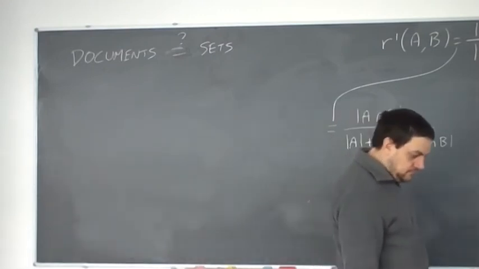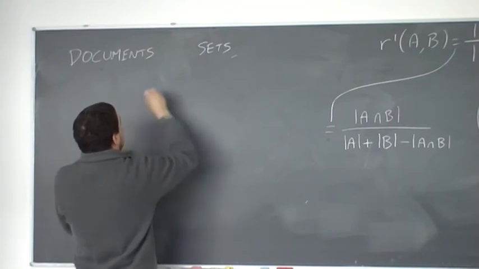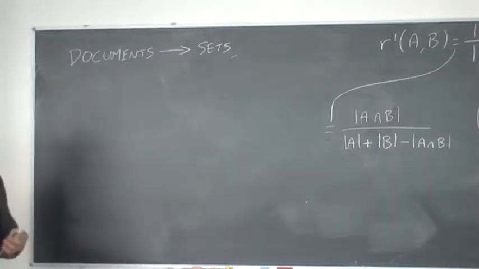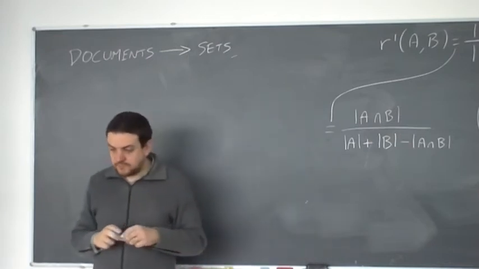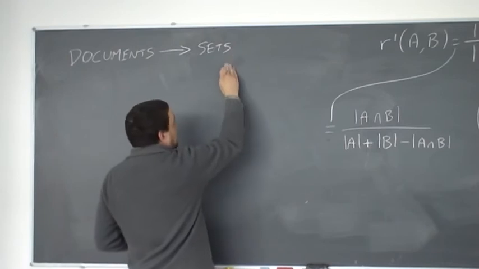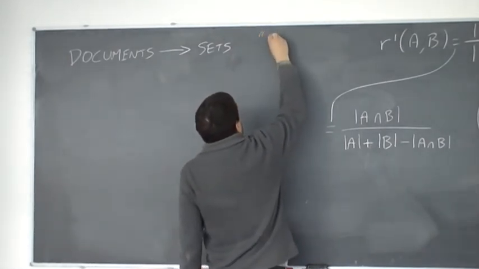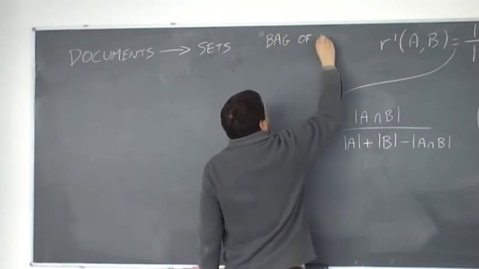Well, of course we can. So you can, given some documents, transform each document into a set. A set representation of a document is usually called a bag of words.